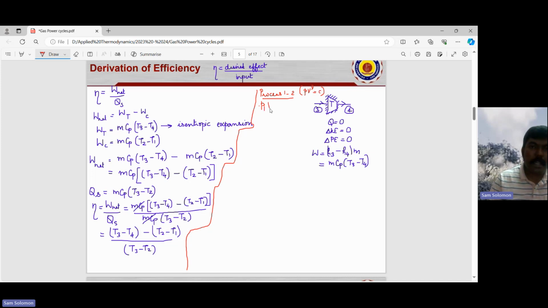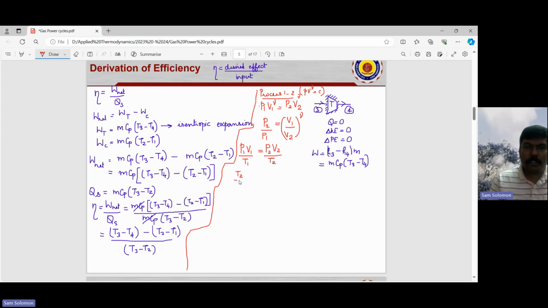So I can write P1 V1^gamma is equal to P2 V2^gamma. So P2 by P1 is (V1 by V2)^gamma. If I apply the ideal gas equation of state over here, P1 V1 by T1 is equal to P2 V2 by T2.